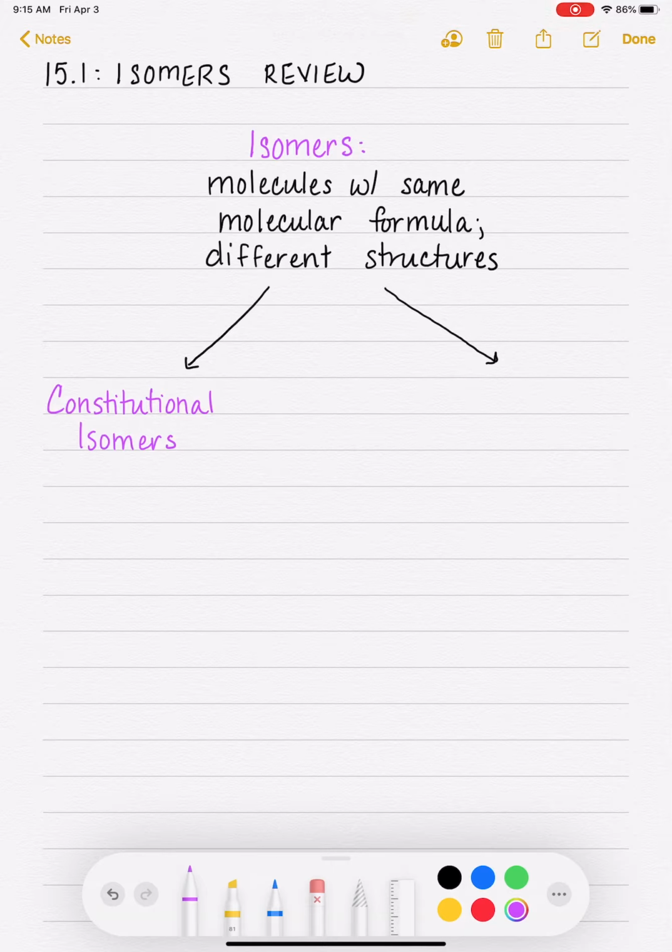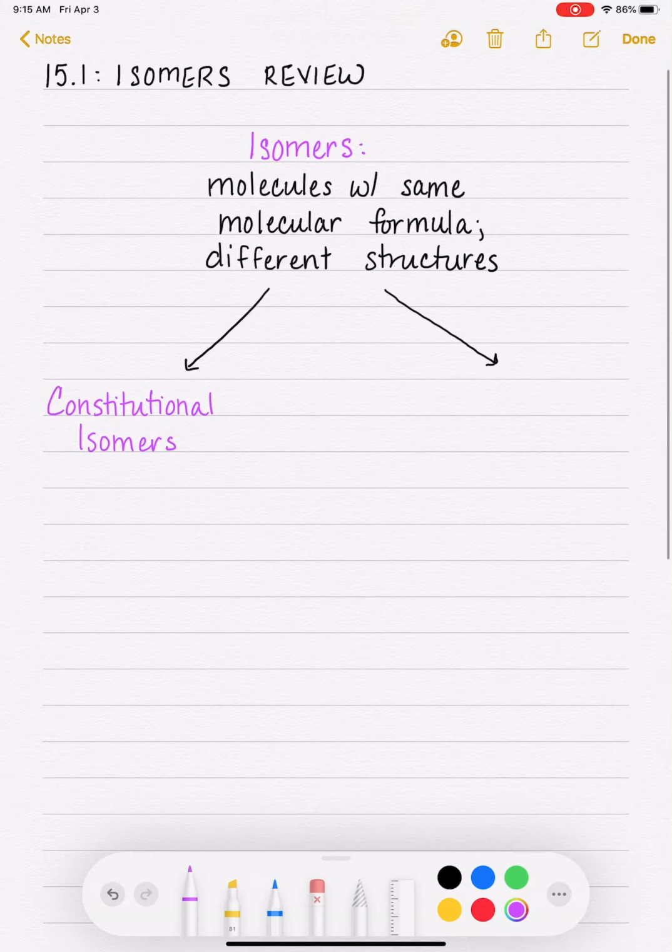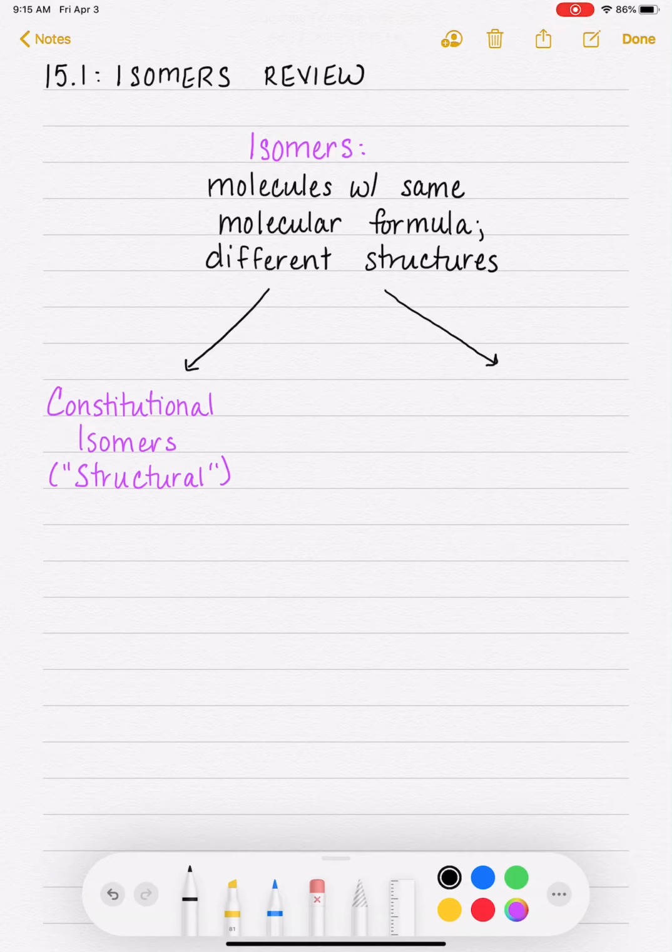Constitutional isomers are also sometimes called structural isomers. And what we learned about constitutional isomers was that they had something different in the way the atoms were connected to each other.